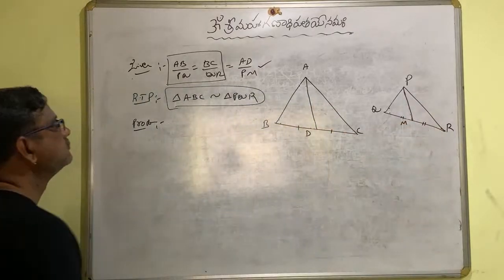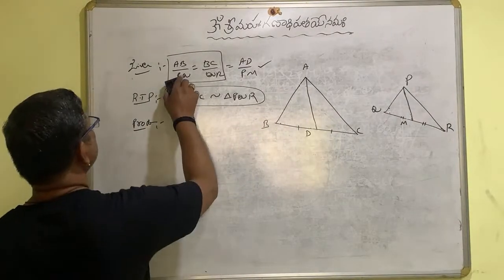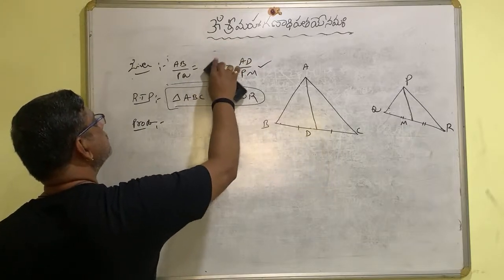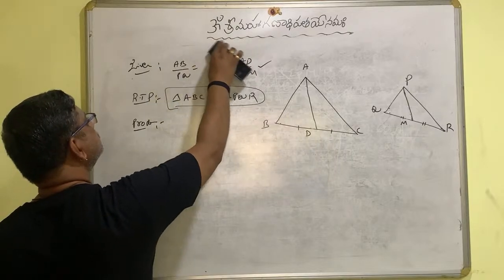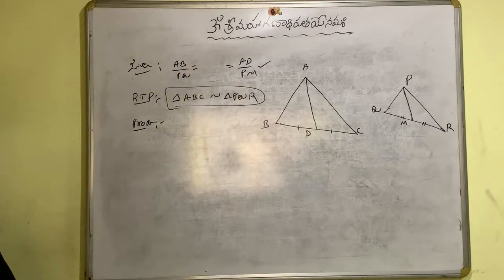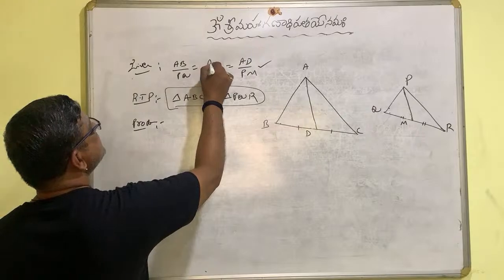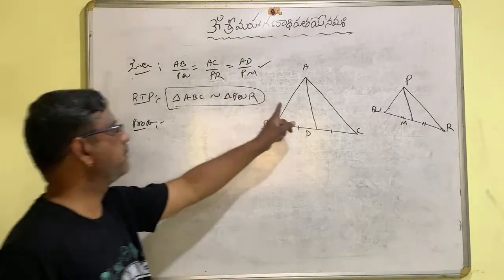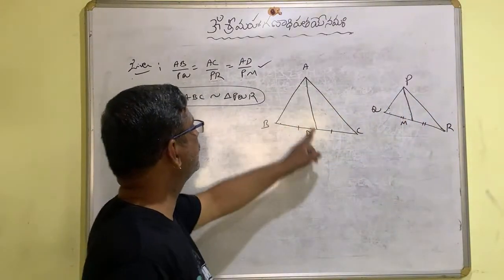In the second problem, AB by PQ is equal to AC by PR is equal to AD by PM.